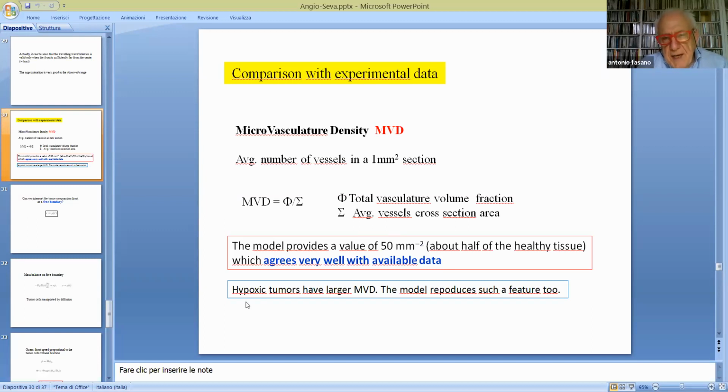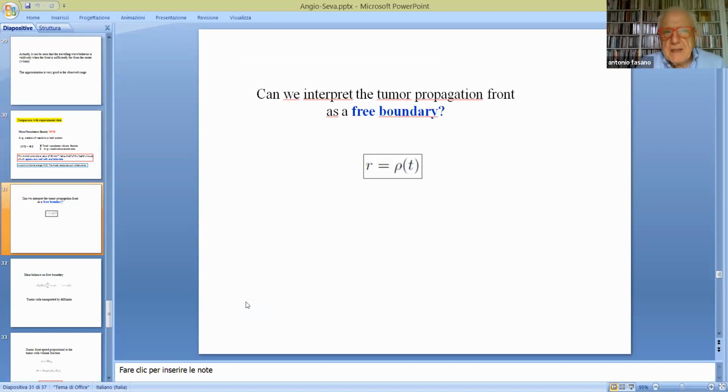So I must say, in memory of my friend Alberto Gandolfi, that he was very good at finding the biological parameters, which in this kind of research is absolutely essential.